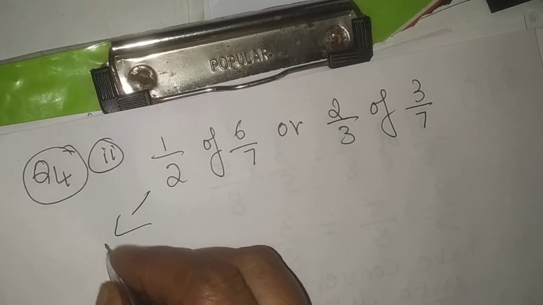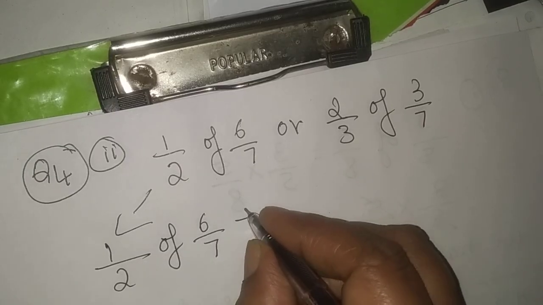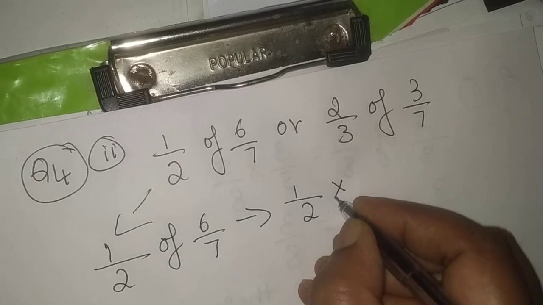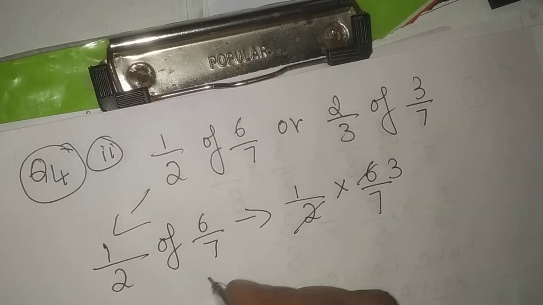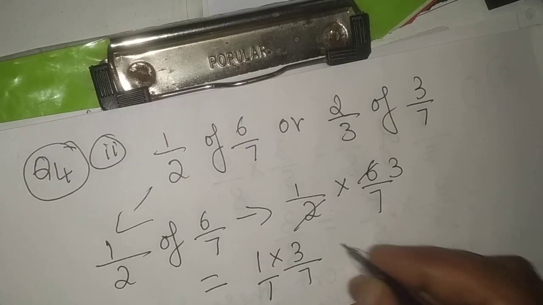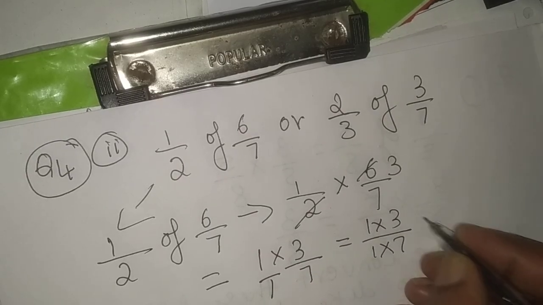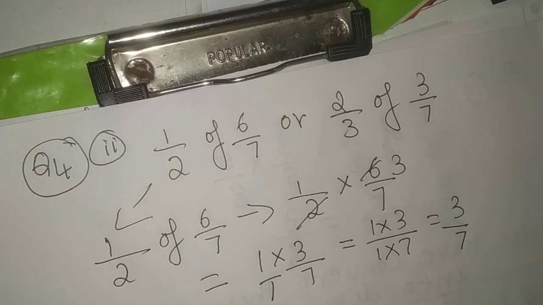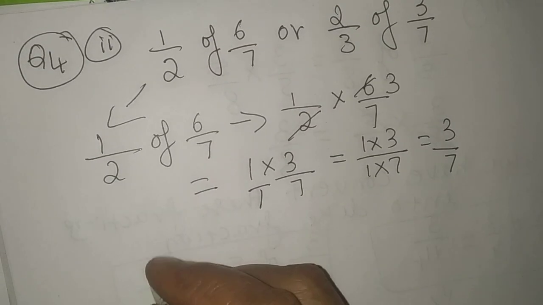First we take this half of 6 by 7, which is equal to 1 by 2 into 6 by 7. 2 ones are 2, 2 threes are 6. This will become 1 into 3 by 7, which is 1 into 3, 1 into 7, which is equal to 3 by 7.